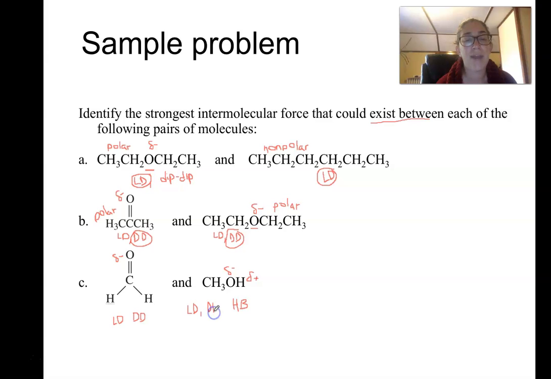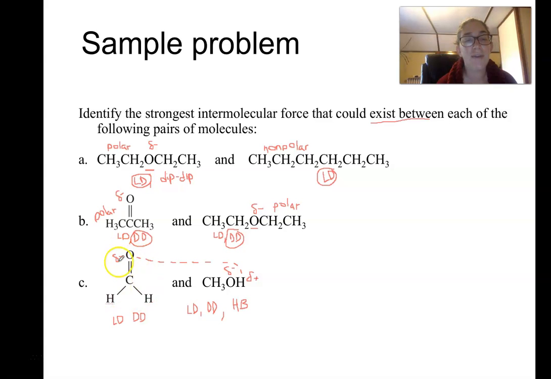But here's the thing. Remember, with hydrogen bonding, you only need one of the pairs. You only need one of the molecules to have a hydrogen bond donor. This hydrogen here, if I draw the dotted line, can actually be attracted to this oxygen here.